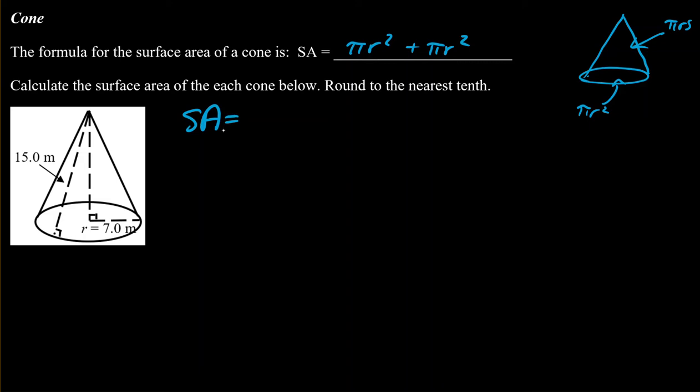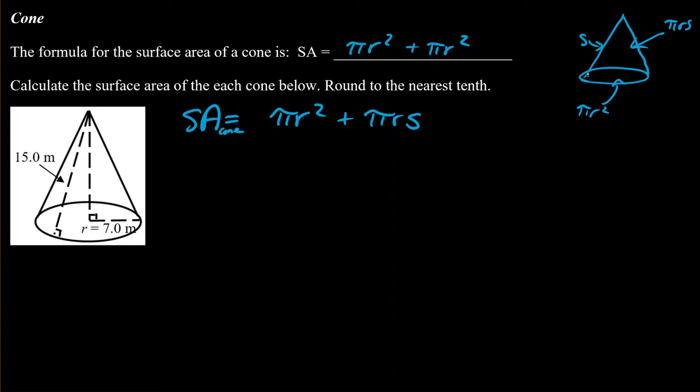The surface area of the cone is going to be pi r squared plus pi r s. The s is standing for the slant height of this object.